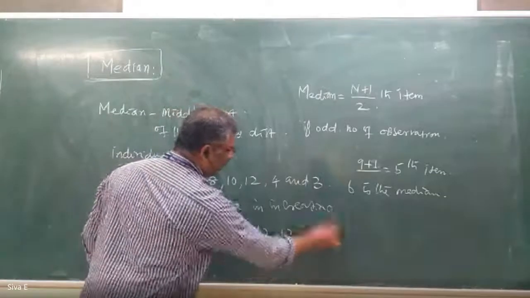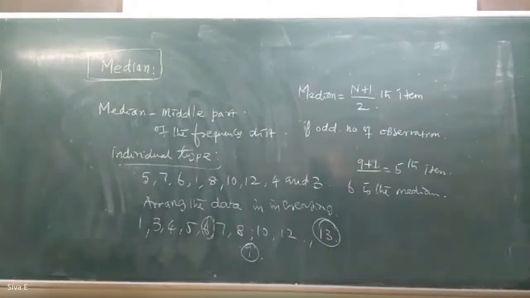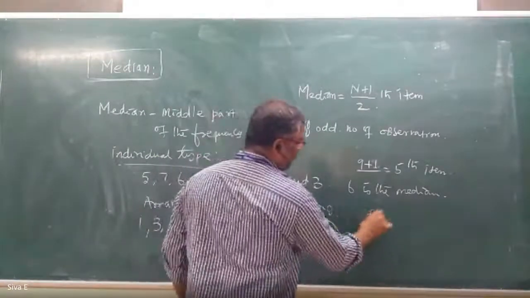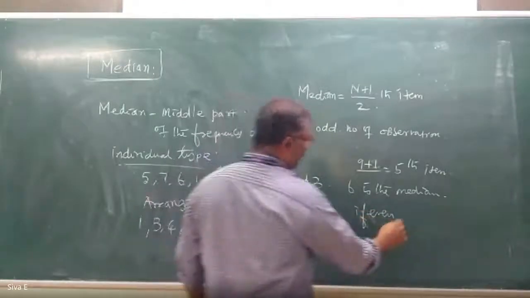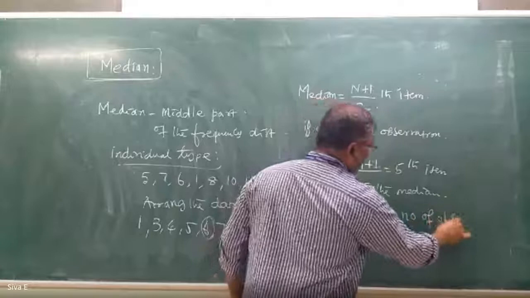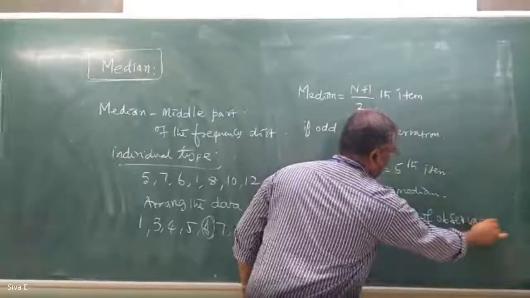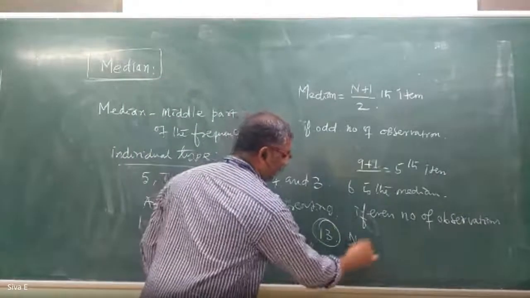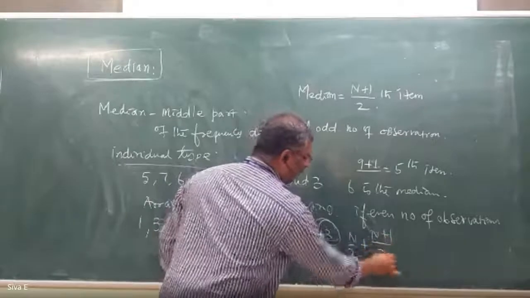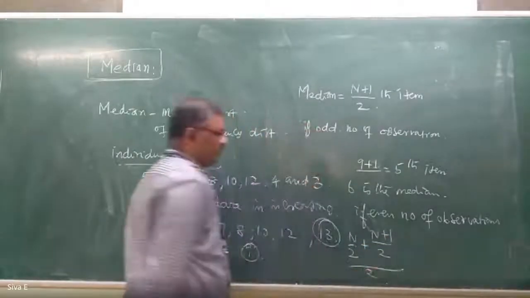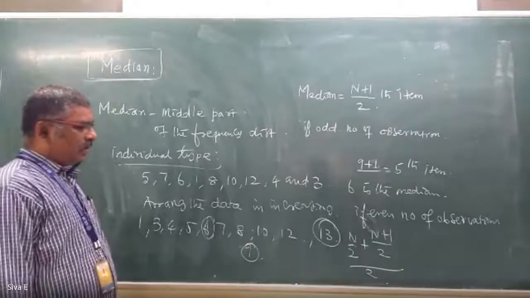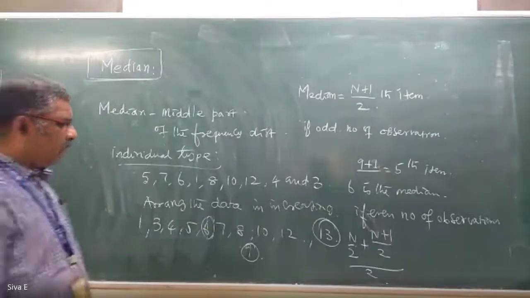In case there are 10 observations, if it is an even number of observations, then the median is (n by 2 plus (n plus 1) by 2) divided by 2, because here two middle values are there.